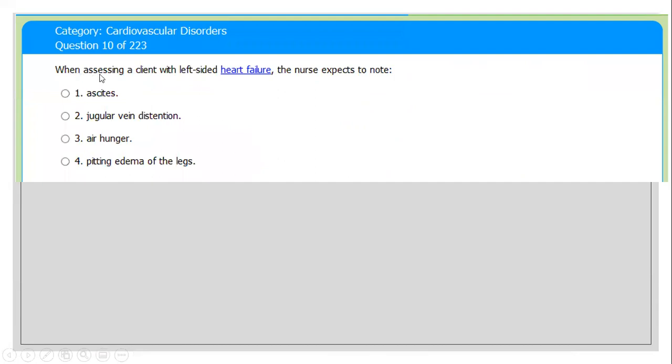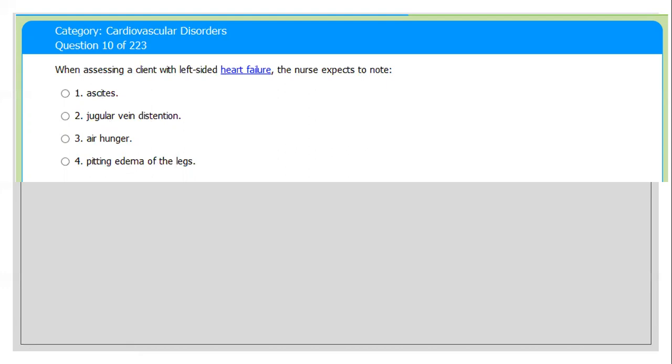Next question. When assessing a client with left side heart failure, the nurse expects to note ascites, jugular vein distension, air hunger, and pitting edema of the lungs. So as I told you, with left side heart failure, which organ gets involved? Our lungs.